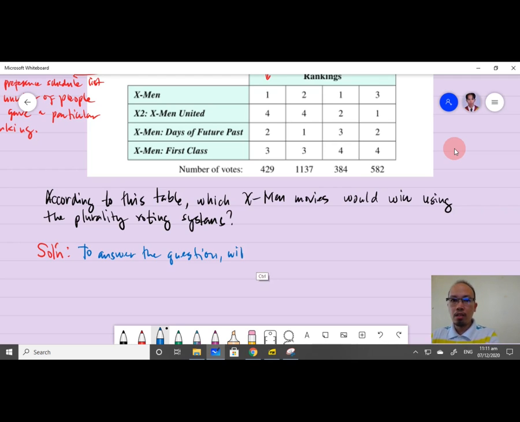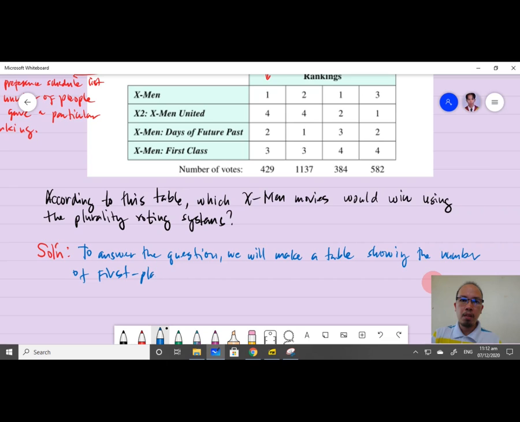We will make a table showing the number of first place votes for each movie.